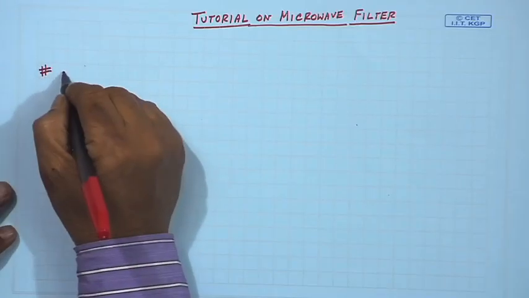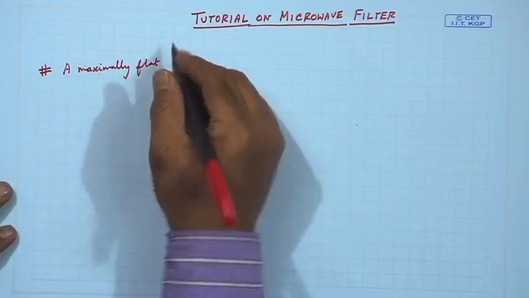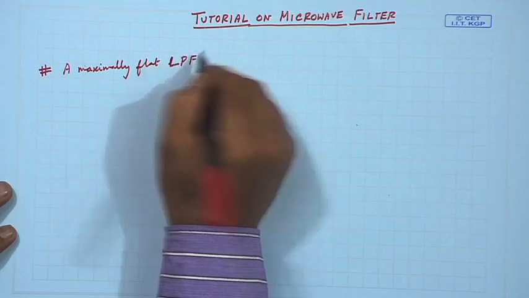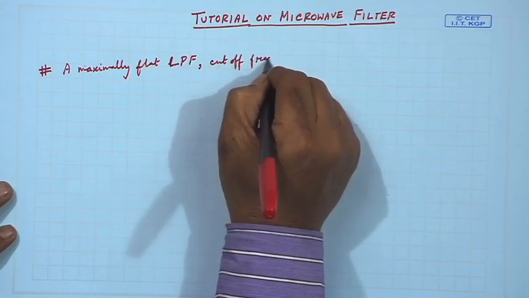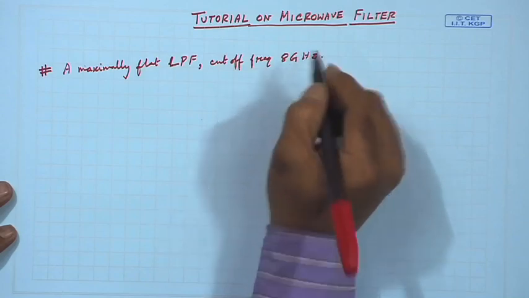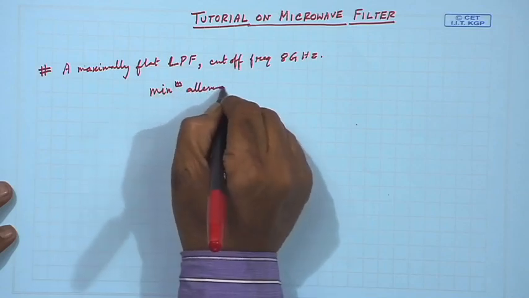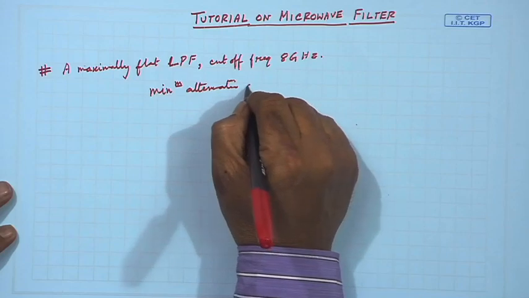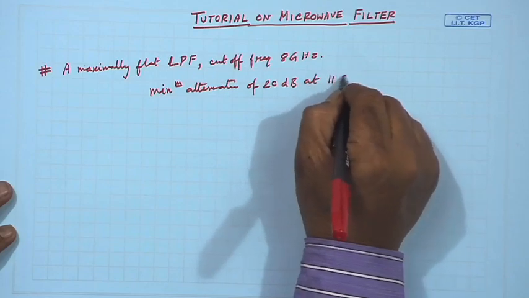Suppose we want, let us say, a maximally flat low pass filter to be designed for cutoff frequency 8 gigahertz, with minimum attenuation of 20 dB at 11 gigahertz.